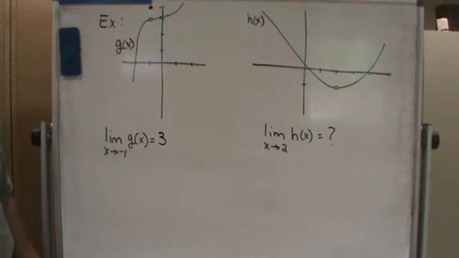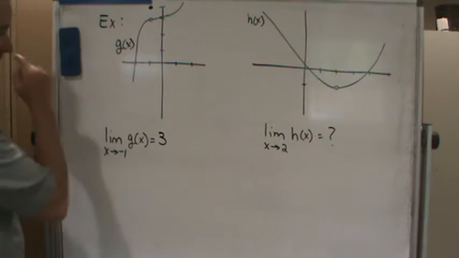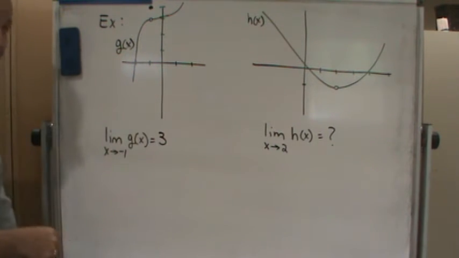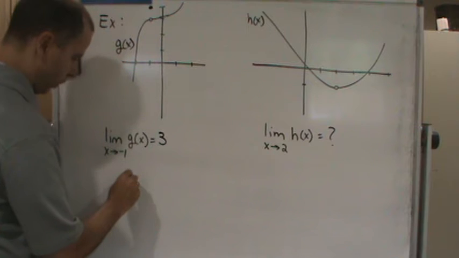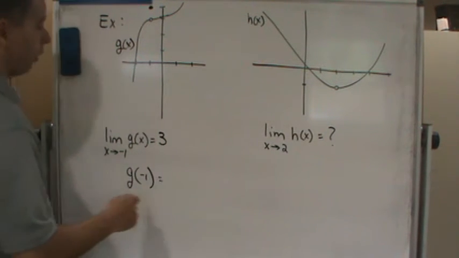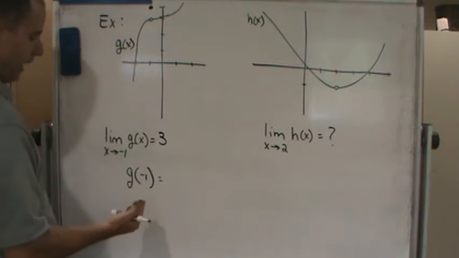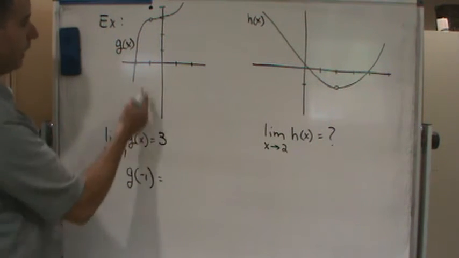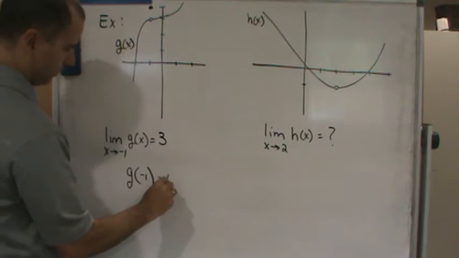Now, notice that in this case, at x equals -1, what is the value of the function? In other words, what is g of -1? According to the graph, the value of the function at x equals -1 is 4.